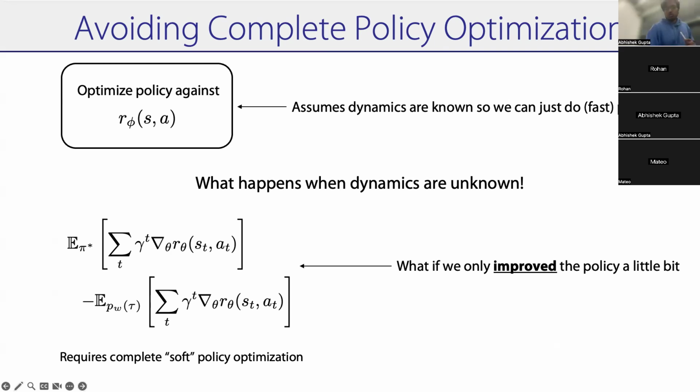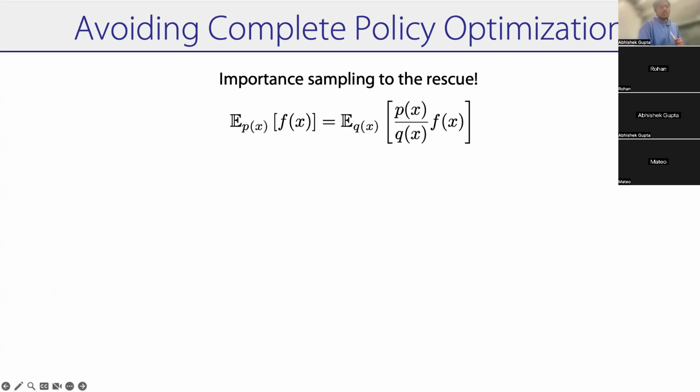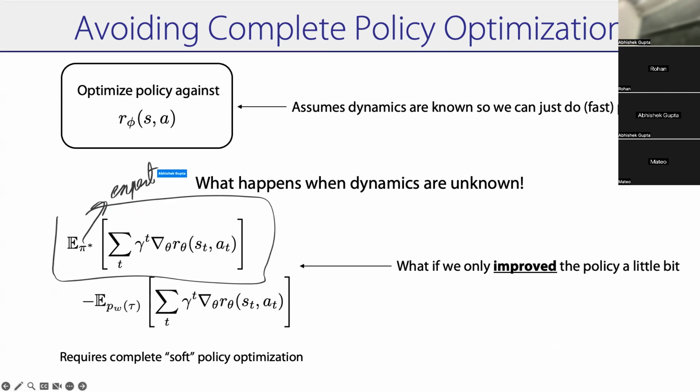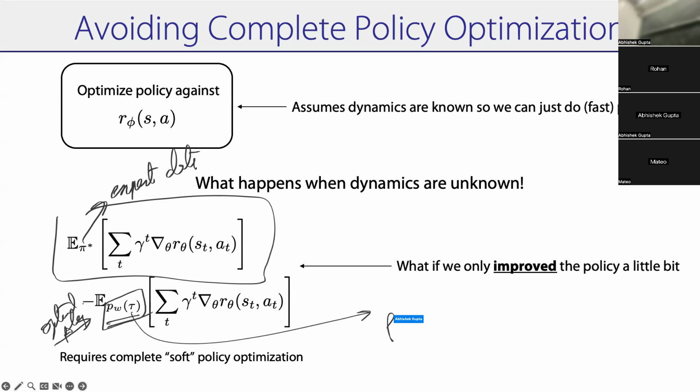Okay? And so the problem here is that it's going to be biased, right? So if I take this gradient, this thing is coming from the expert data. And this thing is coming from the optimal policy under your current reward. Right? The problem is if I don't have the optimal policy, I cannot compute the expectation of the second. And so let's say I did some lazy optimization where I stuck in some suboptimal policy instead.